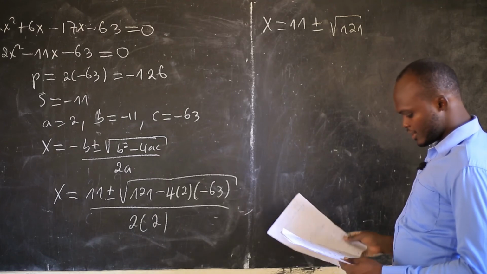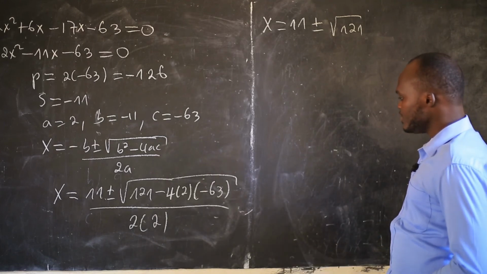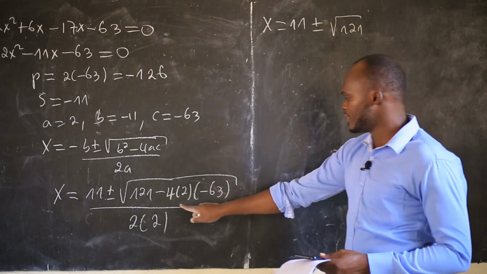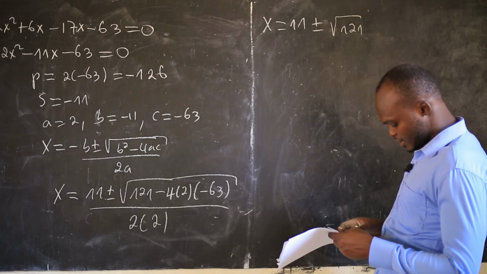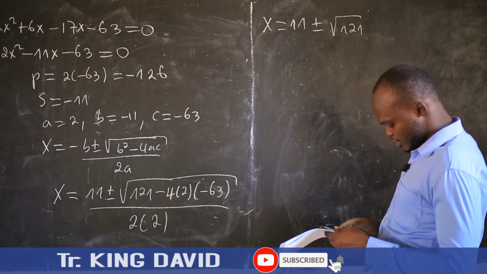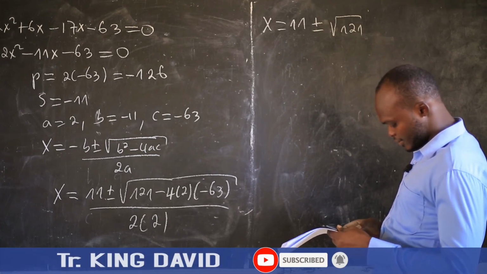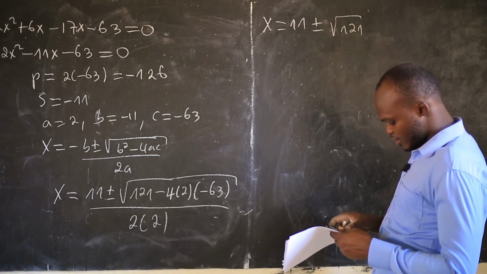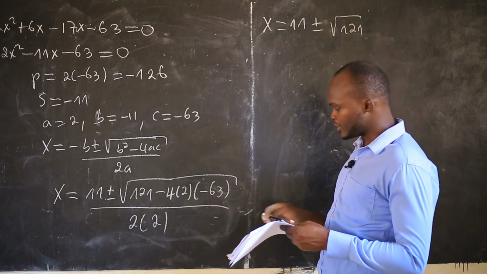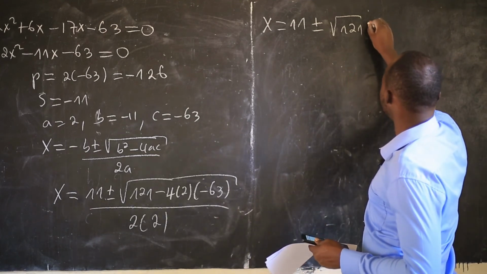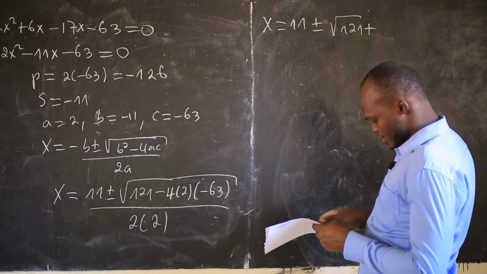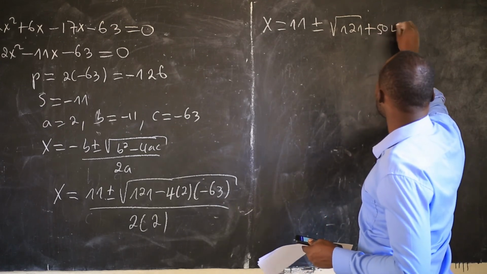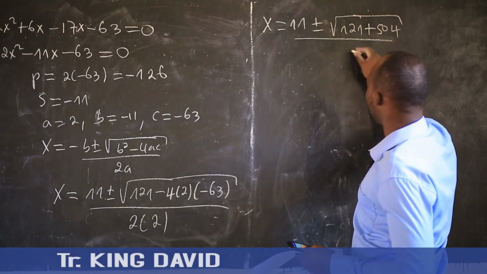When you take that 8 times 63, let us use the calculator to get that answer. 63 times 8 is 504, so minus negative 504 becomes plus 504, divided by 4.